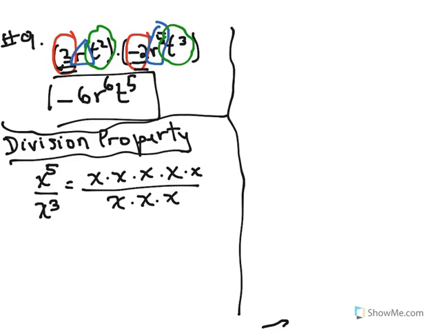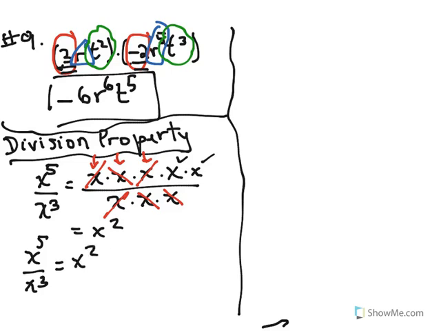And if you remember, these individual expressions are factors and they can be simplified if we have factors in the denominator. So the answer here is going to be x repeated twice, so it's x to the second. So if I have x to the fifth divided by x to the third, the answer is x to the second. So how do I get that x to the second? I get it by subtracting 5 minus 3.